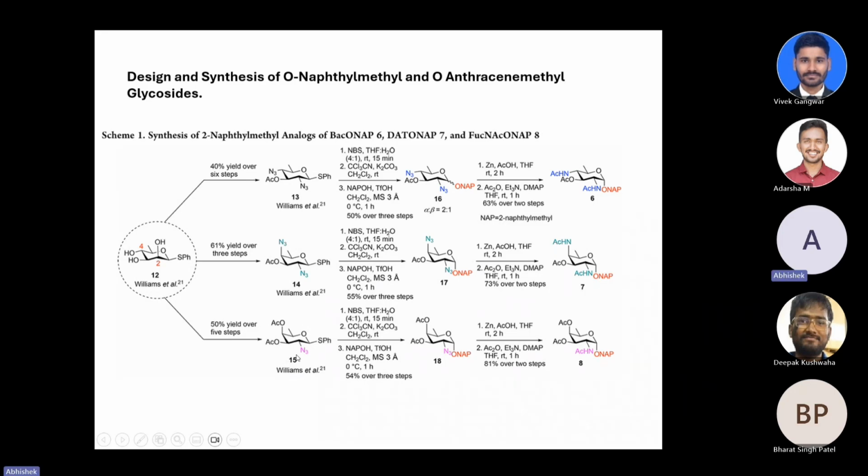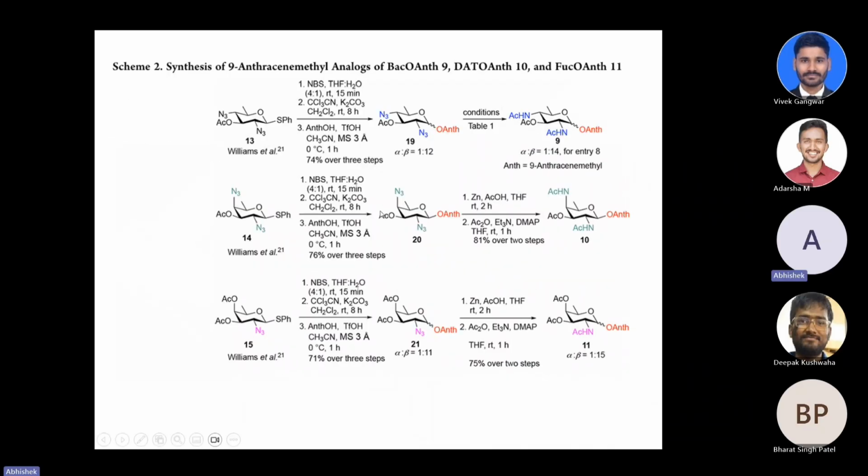And in the last, what he did is only convert C2 into azido and follow the same reaction scheme. These are the synthesis of the anthracene analogues 9, 10, and 11: BAC-anthracene, DGJ-anthracene, and FUC-anthracene molecules.